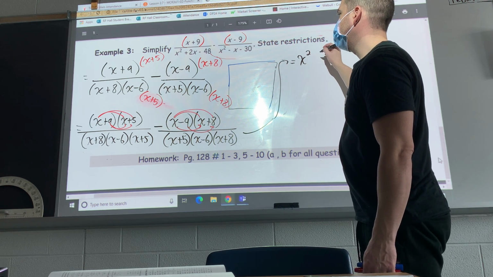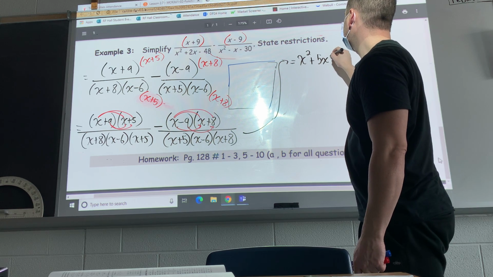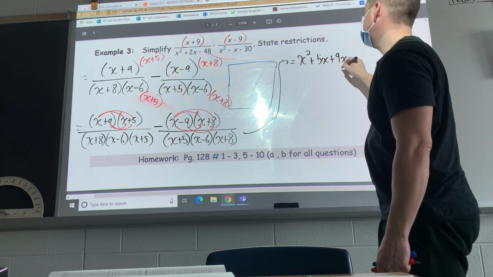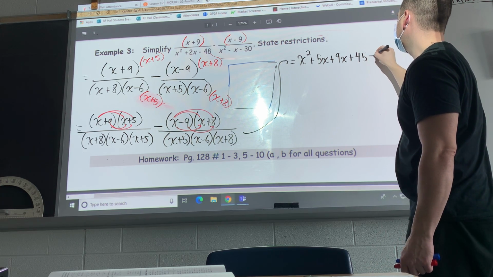Okay, expanded x squared plus 5x plus 9x plus 45, and be careful here.